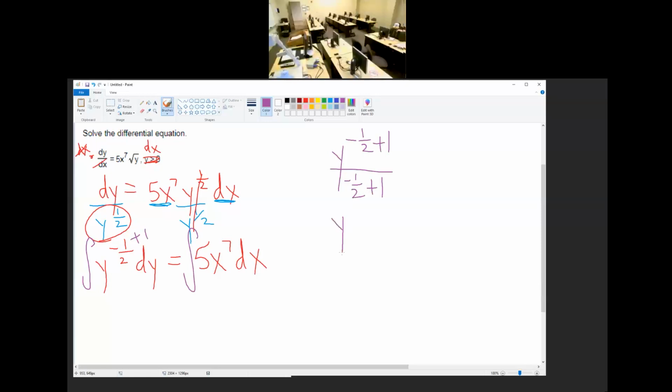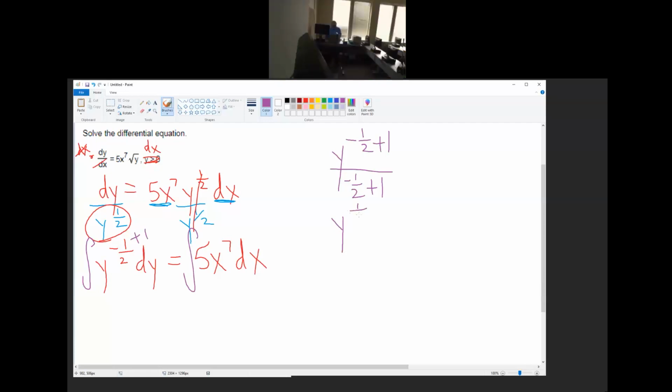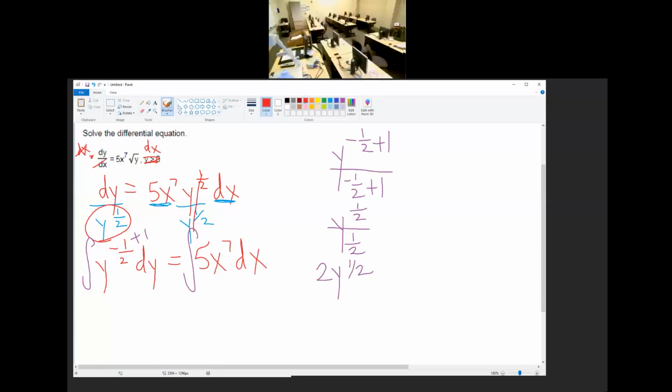So this simplifies now to y to the 1/2 power all over 1/2. And because we're dividing by a fraction, that fraction 1/2 in the bottom is going to flip. So this will become 2y to the 1/2 power, or just 2 times square root of y.